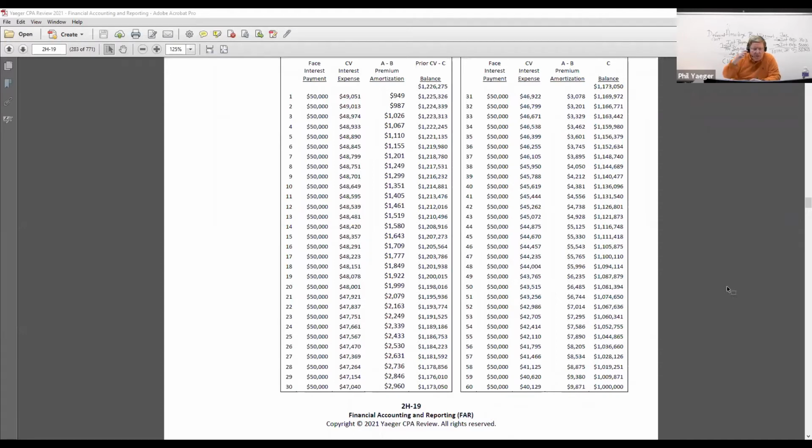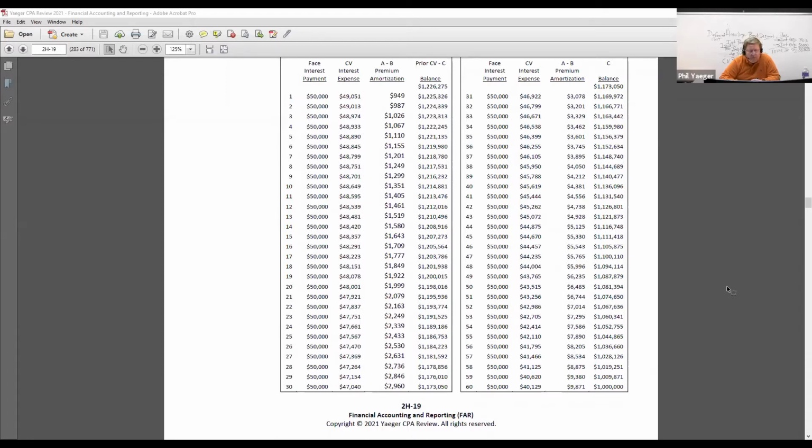You see that? All right, now tell me what the entry is. You got the figures there? Now the interest payment is how much? 50,000. So what do you credit when you make a payment? Credit cash. Good. Now we're going to debit interest expense for 49,051.